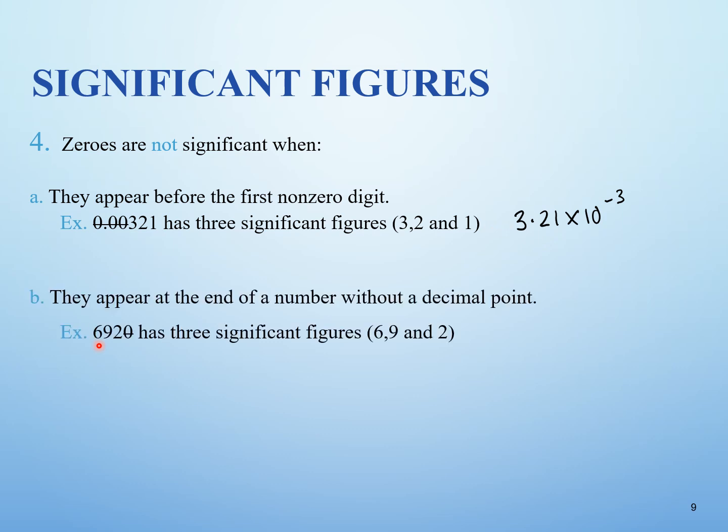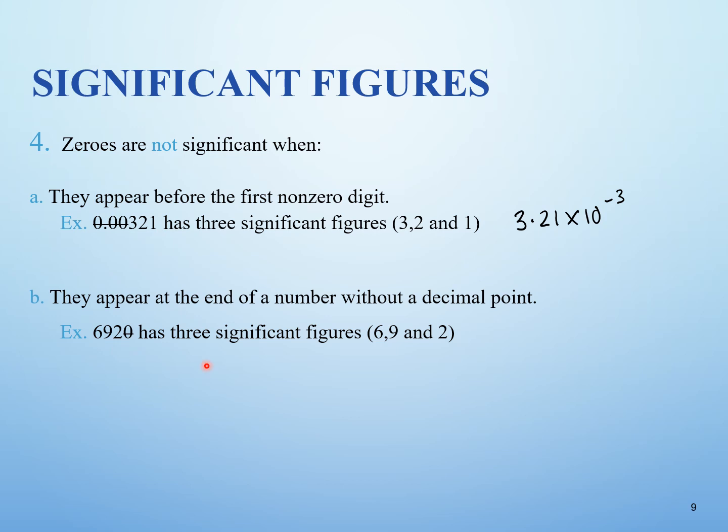All right. And the next thing is when they're not significant: if they don't have a decimal place in a number, it's uncertain. So if you ever have a situation like this and you want to signify exactly how many sig figs, it's really best to write this in scientific notation. But otherwise, we always assume the 0 is not significant. So in this case, 6920 would be 3 sig figs.